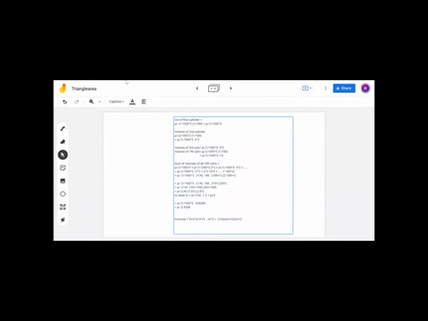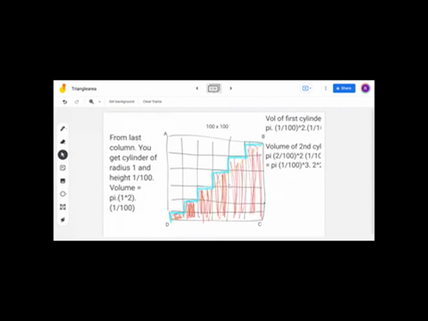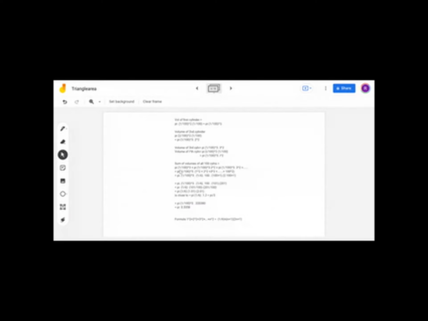So do you see what we did today? We rotated this square and these red slabs, columns, and by rotating that we got a cone, or approximately a cone, and we can figure out the volume of the cone by adding up all these thin slices, thin cylinders. We took 100 of them, and we found that the volume of the ith cylinder was pi times (1/100) cubed times i squared.